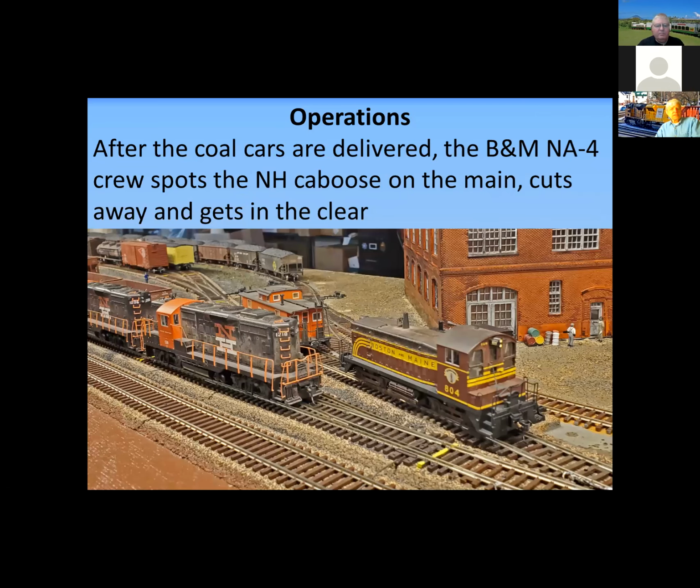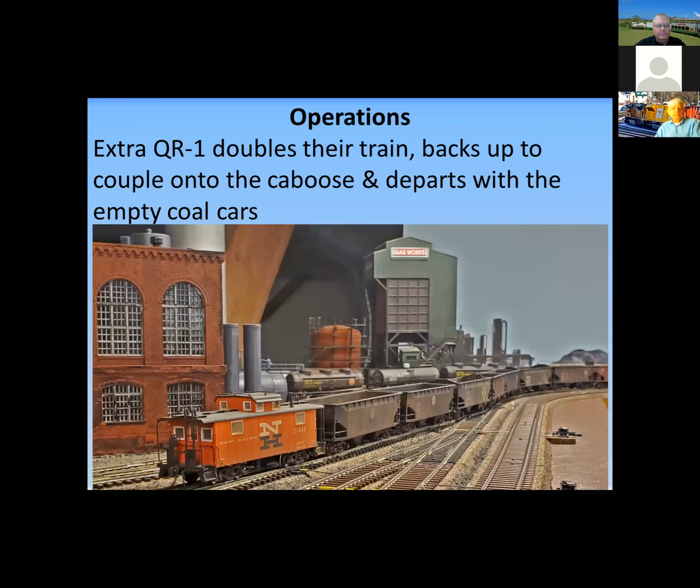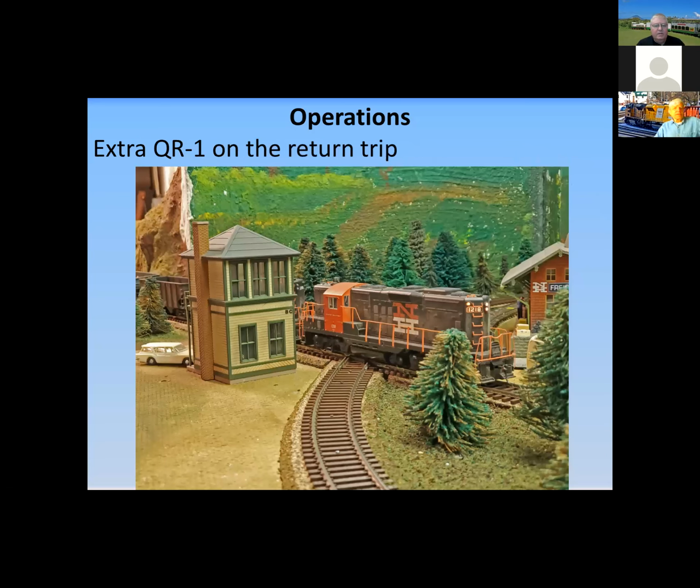When that's done, they spot the New Haven's caboose on the main, and they'll get in the clear. Then the New Haven doubles up their train, ties onto the caboose, and heads out of town. And here they are, full dynamics, bottom of the hill, coming into Boston Corners.